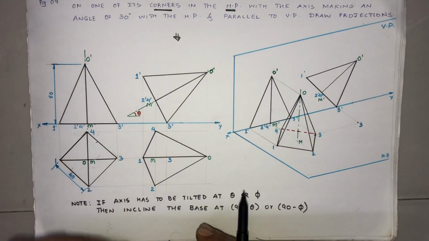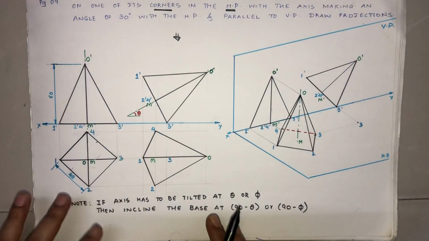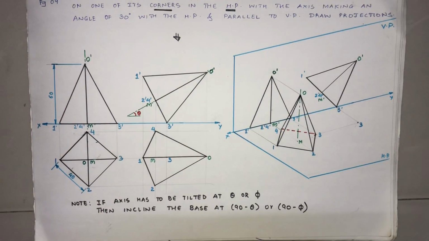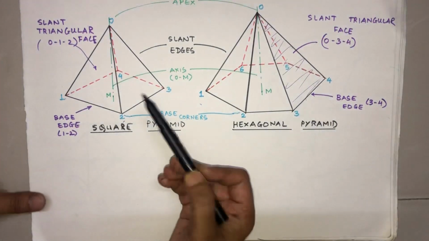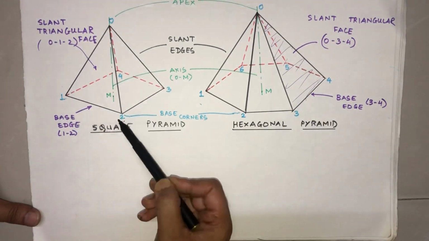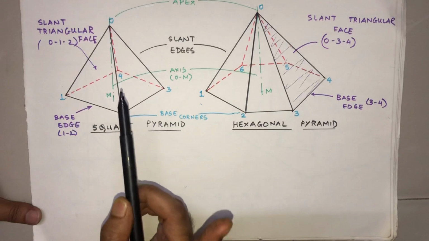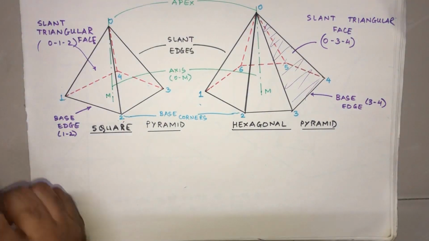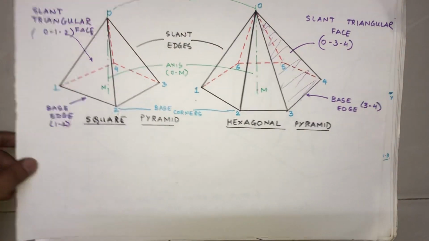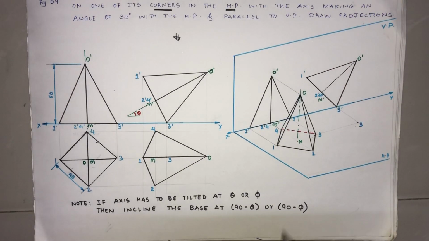Now, we have to complete this view. For that, the final part is understanding the solid itself. Remember, what was O12? A slant triangular face. What was O14? Another slant triangular face. Now you can quickly see here. I'm going to just shade it a bit.